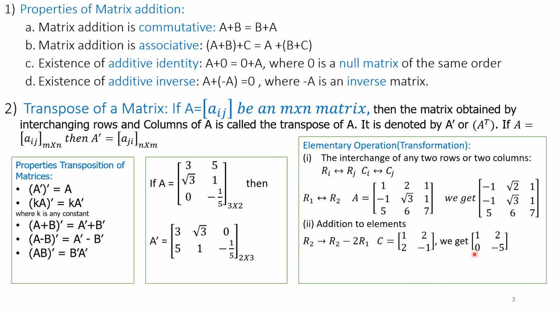Similarly, for the next element also we have to do the same thing. R2 is minus 1 here, and minus 2 times 2 is minus 4. Minus 1 minus 4 is minus 5. This is an elementary operation of matrices.